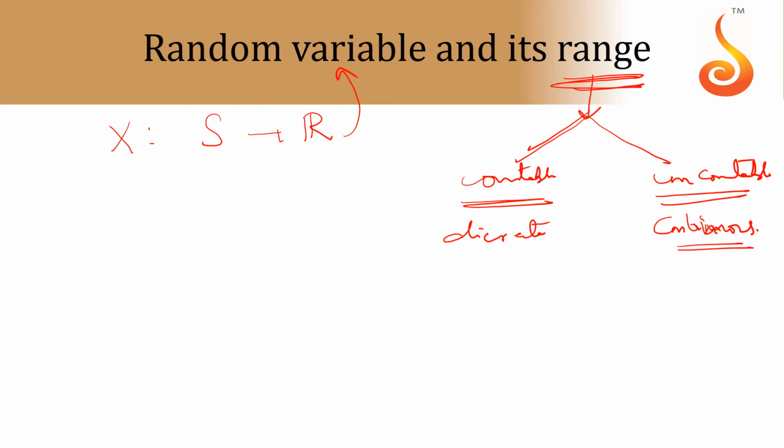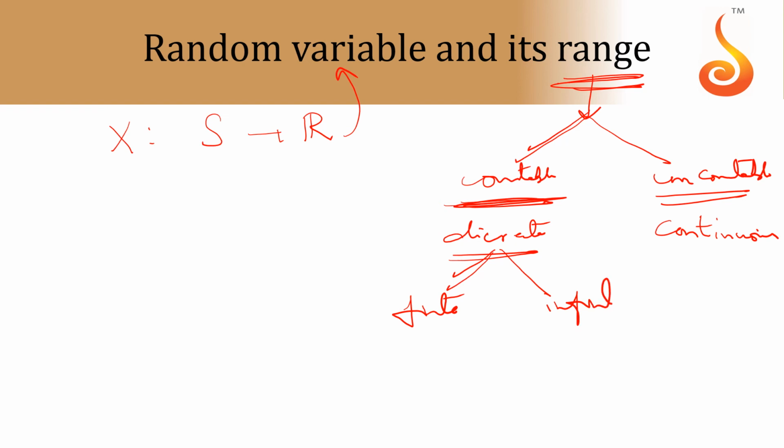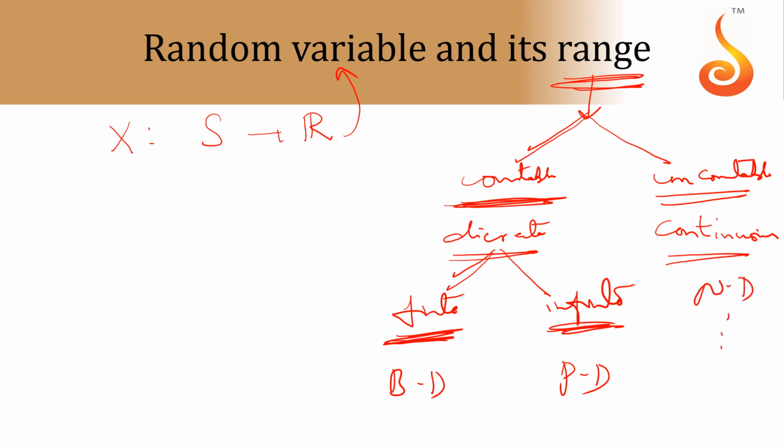In discrete, countable means you have two chances: finite countable and infinite countable. One example for finite is the binomial distribution, for infinite the Poisson distribution, for continuous the normal distribution. A lot of distributions will be there.